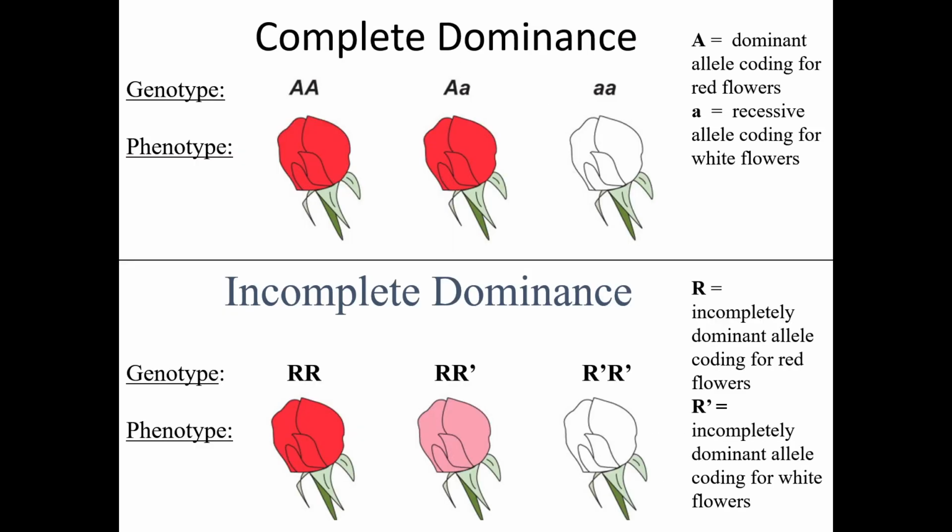So now let's introduce a new type of dominance relationship called incomplete dominance. With incomplete dominance, you have two alleles of equal strength.